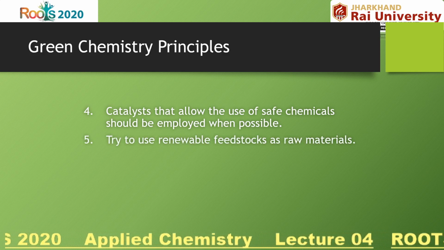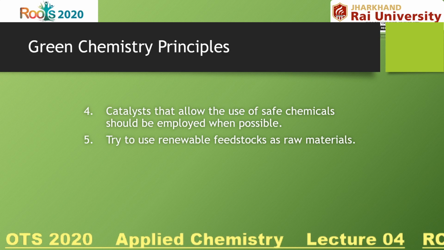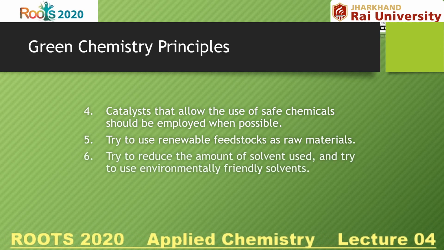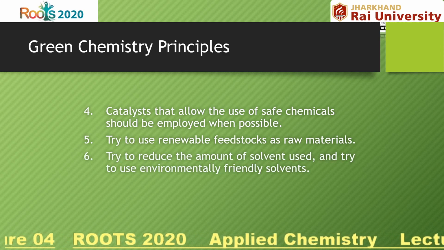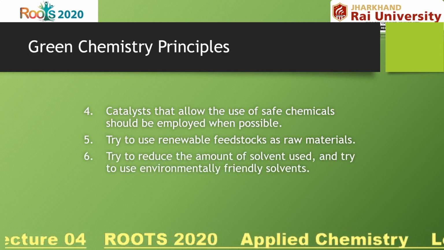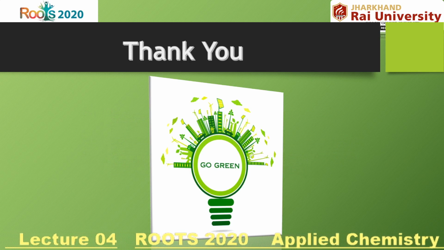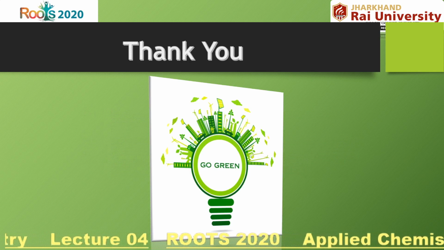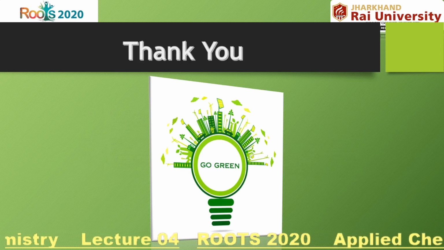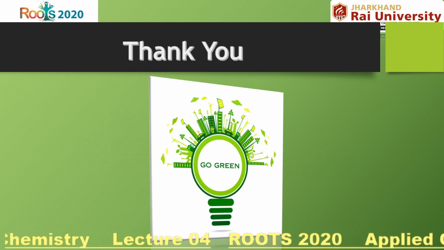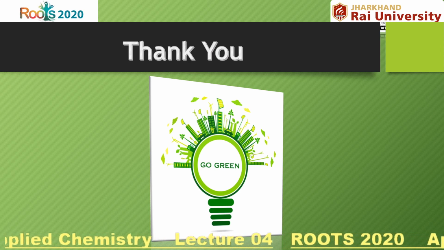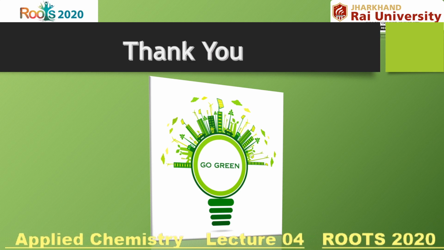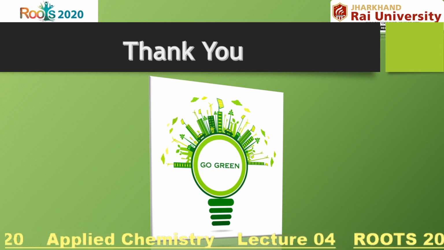Try to use renewable feedstocks as raw material, try to reduce the amount of solvent used, and use environmentally friendly solvents. Also we have to implement the 3 R's in our daily life, that means reuse, reduce and recycle, so that we can conserve our natural resources.